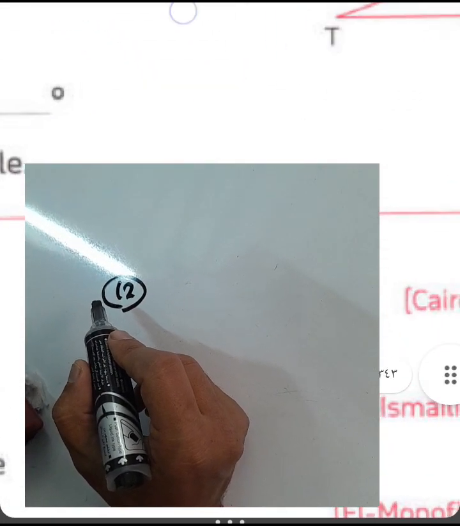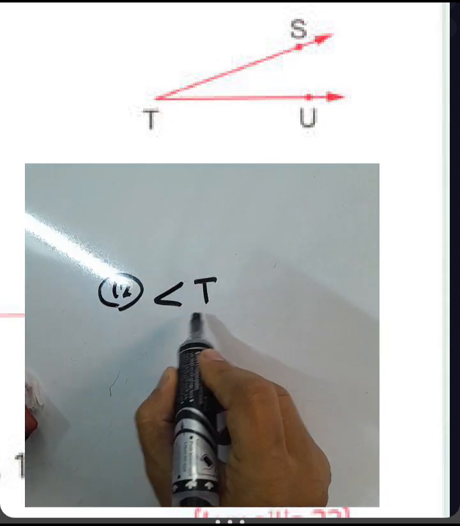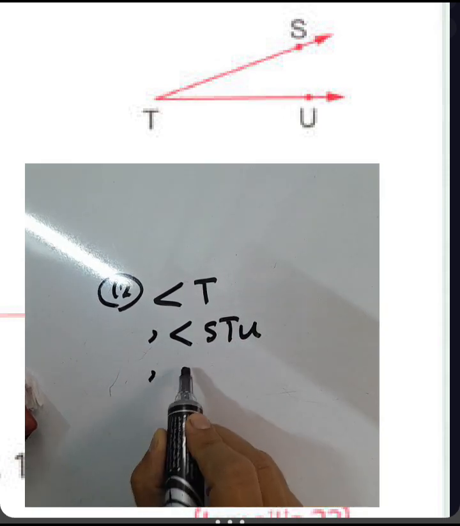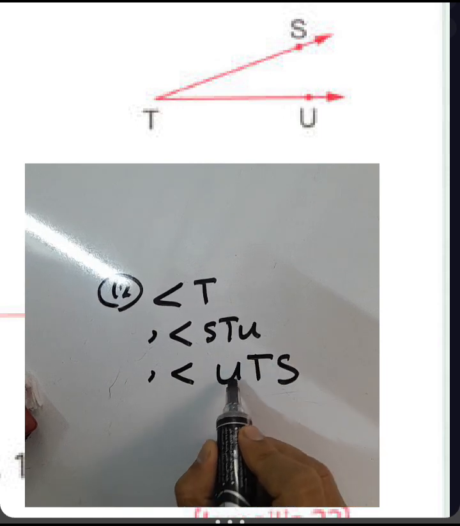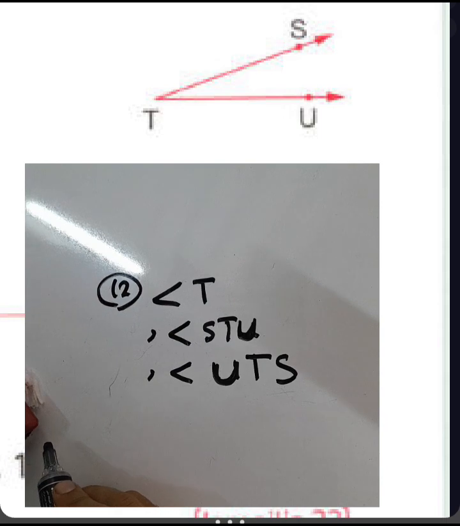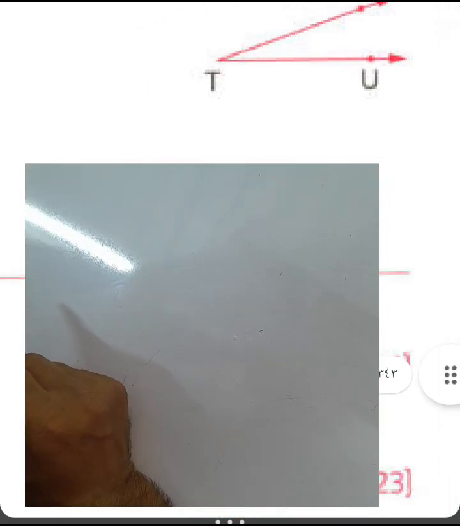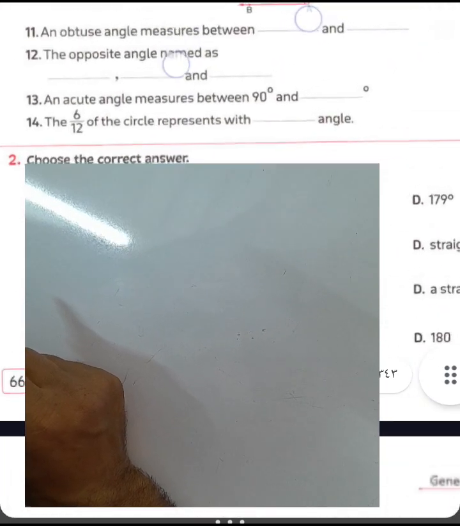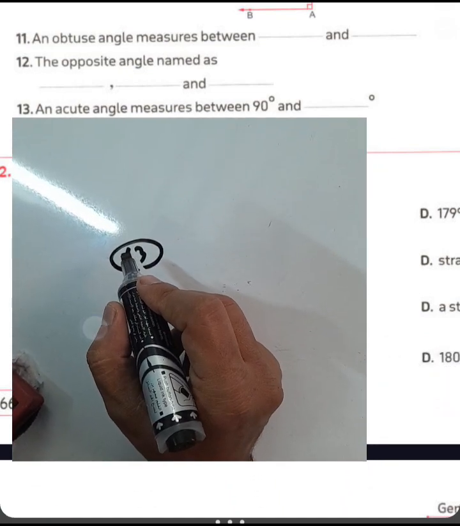We have this angle, we can call it angle T, or angle STU, or angle UTS. We have three results. Question 13. An acute angle measures between 90 degrees and 0 degrees.